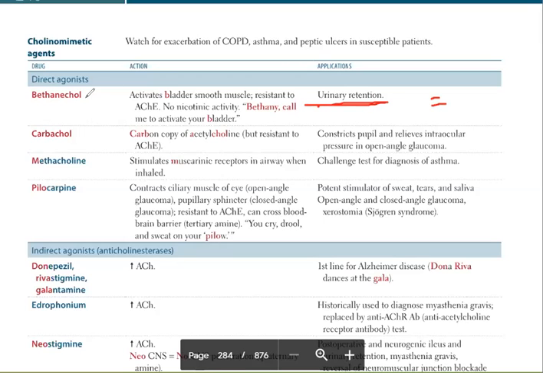Okay, so you will only give this drug after a scan. Whenever a patient comes with this type of problem, you can suspect there might be a stone in the bladder. Or the stone is stuck in the urethra, and that can be a problem for urinary retention.